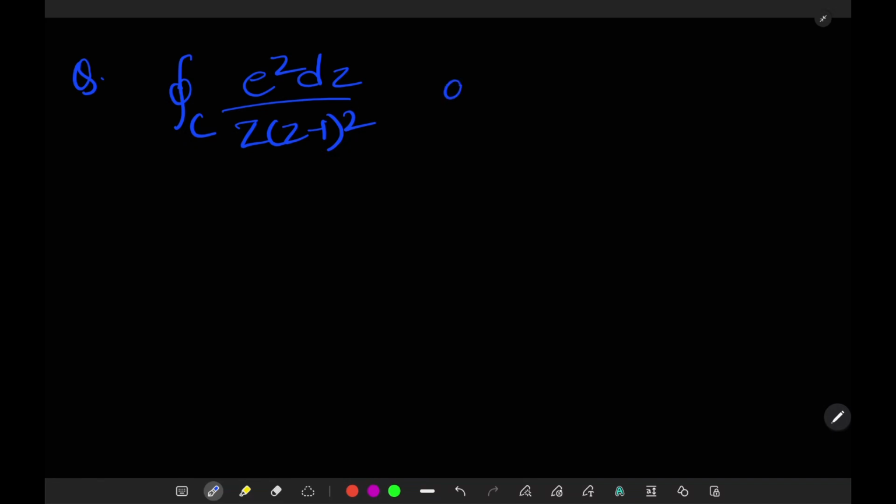Now let's do another question on the Cauchy residue theorem. Find the integral around |z| = 2. Here you can see the poles are 0 and 1, of order 1 and 2.